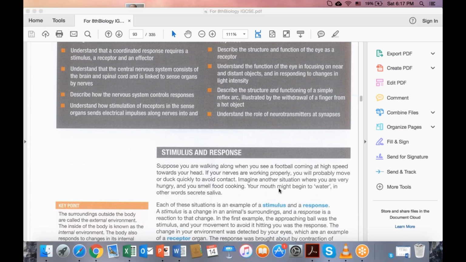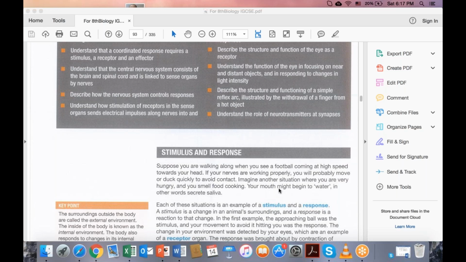Any environmental change is called a stimulus, or stimuli. So if there is any change in our surroundings, in our environment, by using our eyes, our ears, our skin, or any other organ on which there is a receptor, we first feel this stimulus, and then we respond to it.